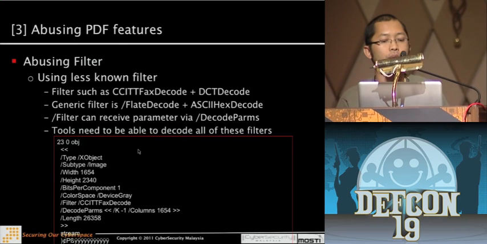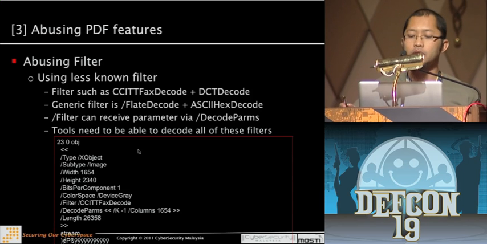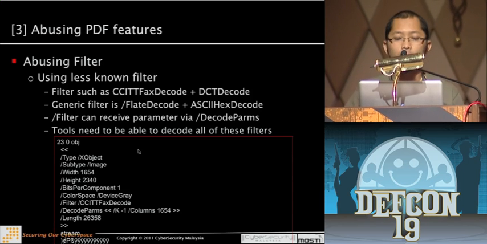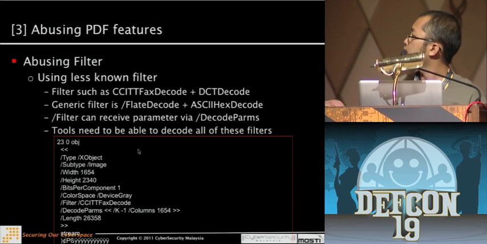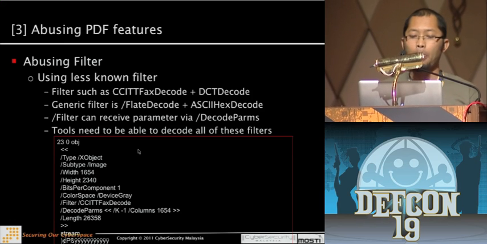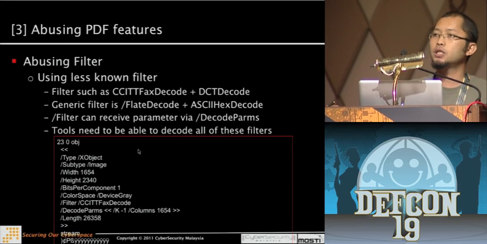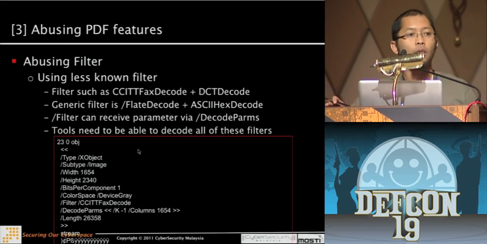Another thing you can abuse within PDF obfuscation is the filter. The main category here is PDF features. Obviously, one of the normal features in PDF is the filter. The main reason for the filter is basically to compress the size of the PDF, so you normally use some encoding to compress it.